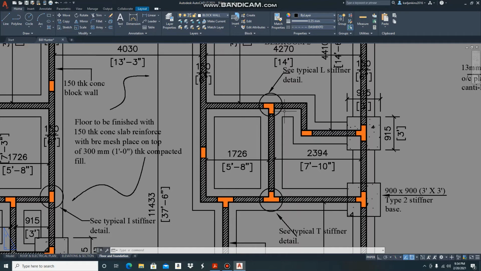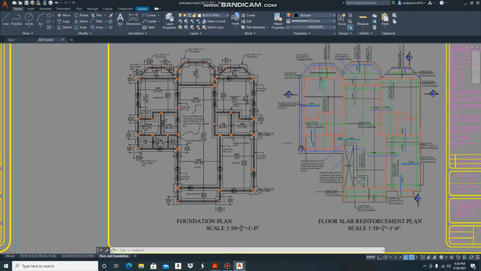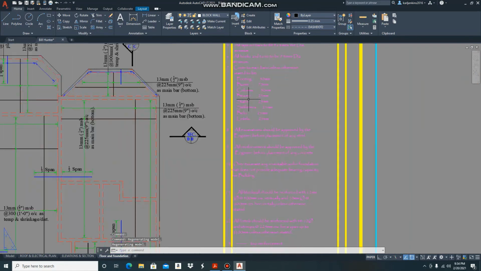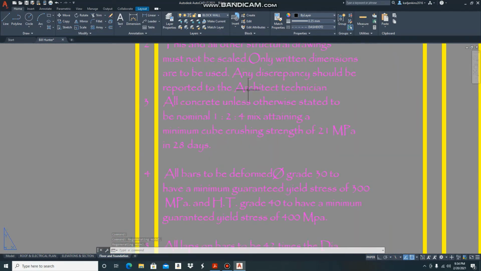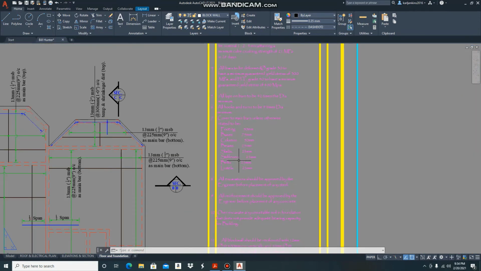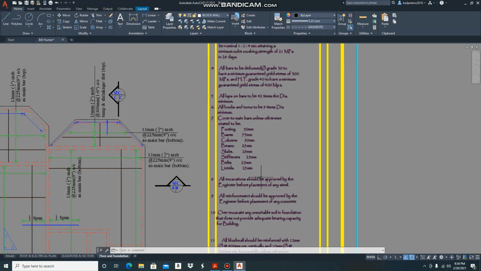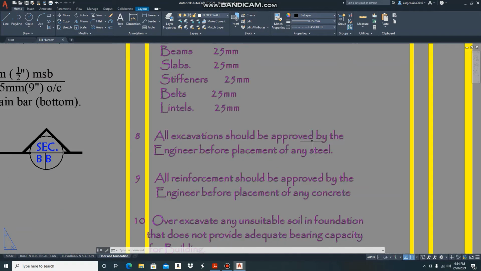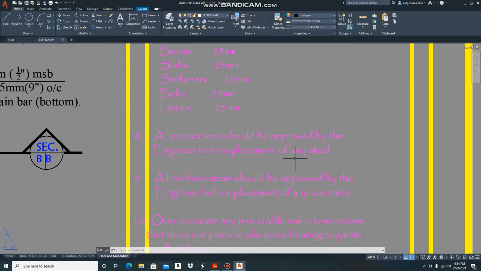You must also read your foundation notes. Your foundation notes are contained in your general notes, because plenty of times, as you can see here, all excavation should be approved by the engineer before placement of any steel.